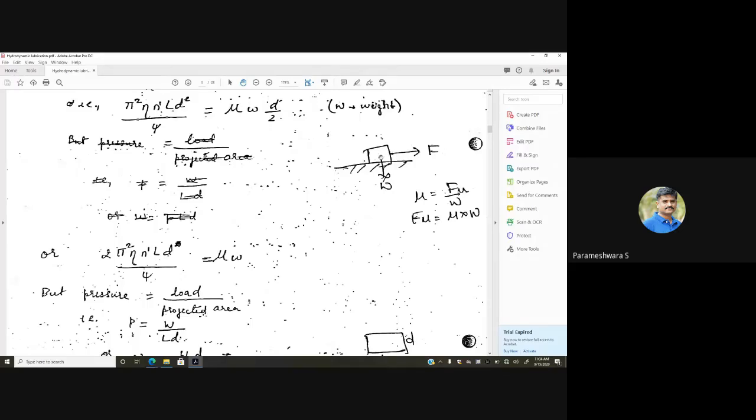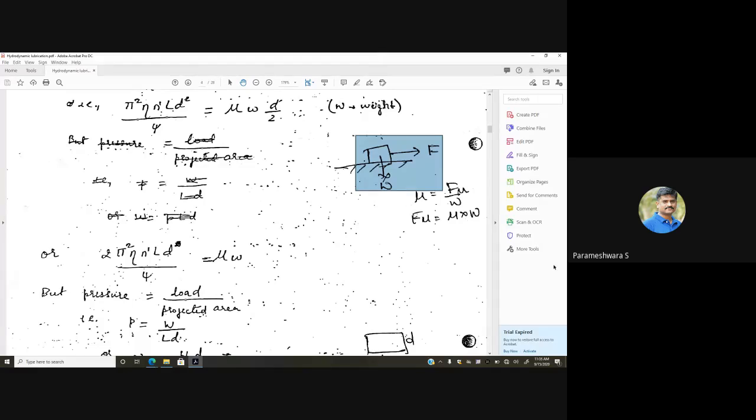This body will have its own weight, and the coefficient of friction mu is given by the ratio of F, the force being applied, to W. Then F mu is equal to mu into W, where W is the load or weight, and F is the force applied.